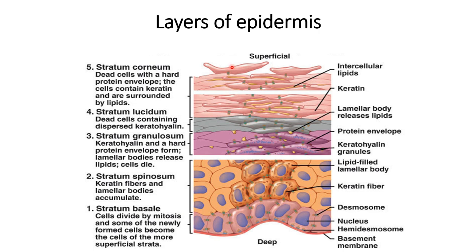Then finally we have the stratum corneum, which has many flattened cell layers that are keratinized and devoid of the nucleus. The cells become more and more keratinized as the surface is approached.